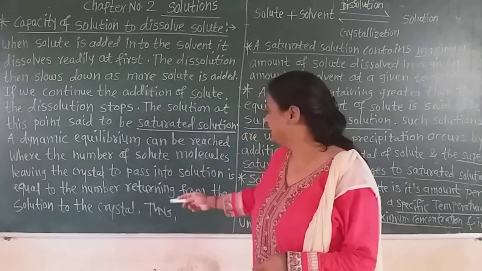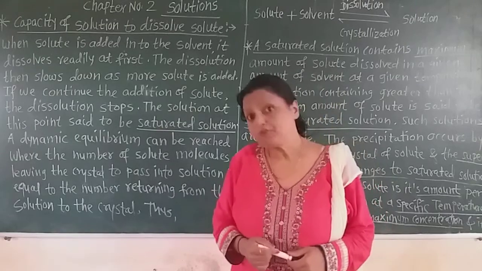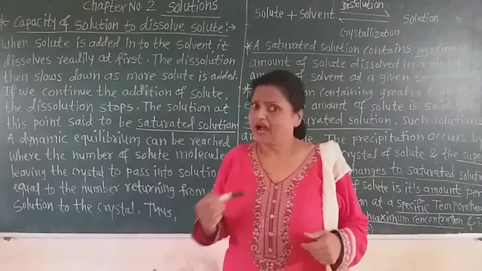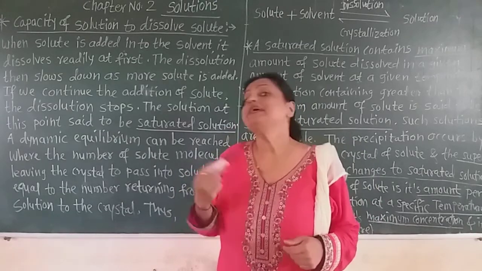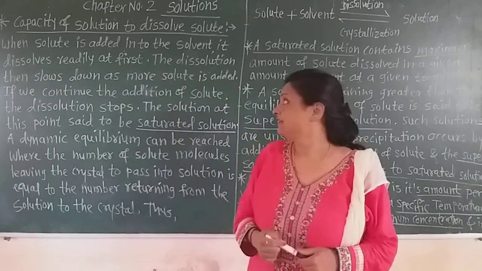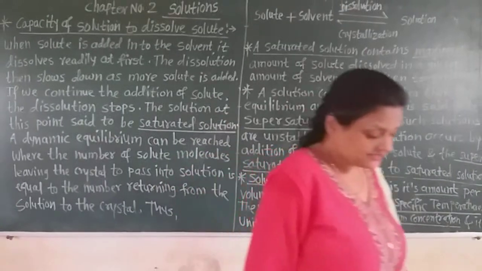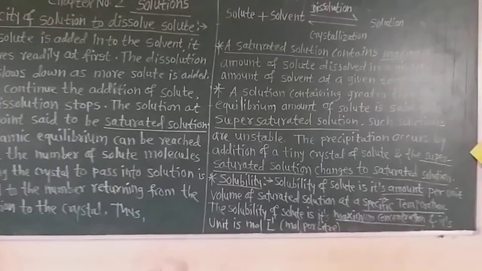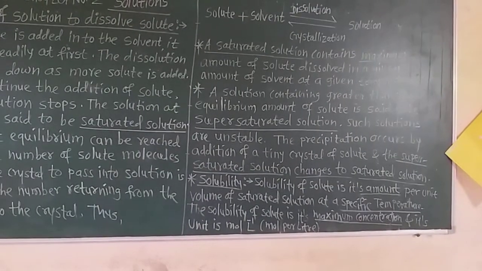When both processes are equal, then the dynamic equilibrium is attained. In this way, the dynamic equilibrium is there in the dissolution and crystallization. Now how is it? Let us see.